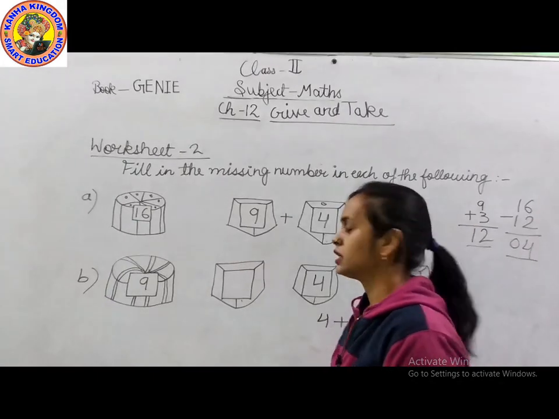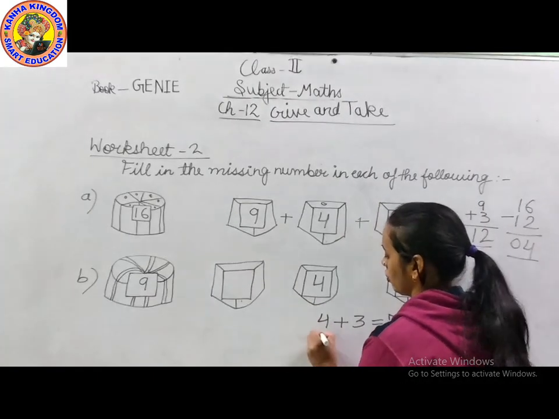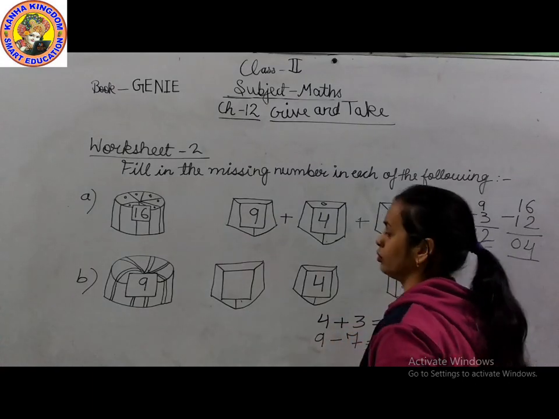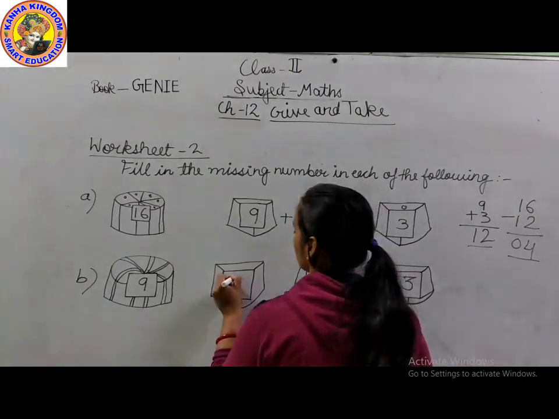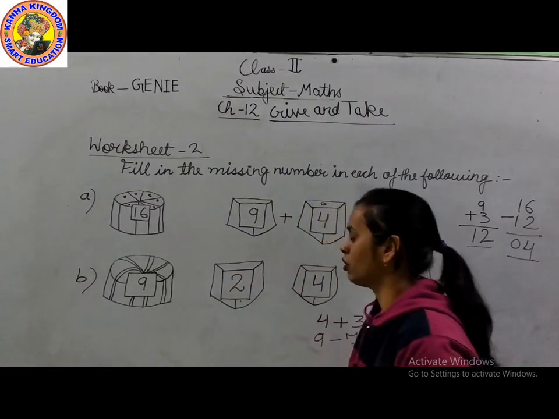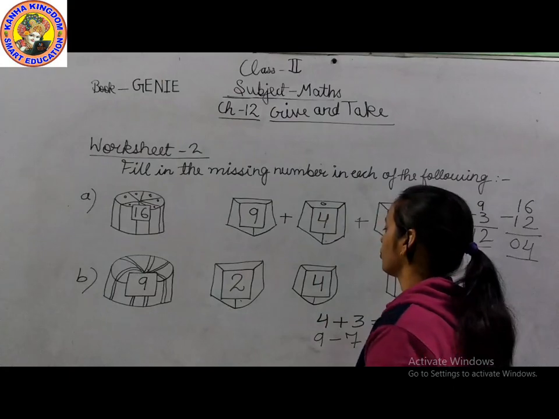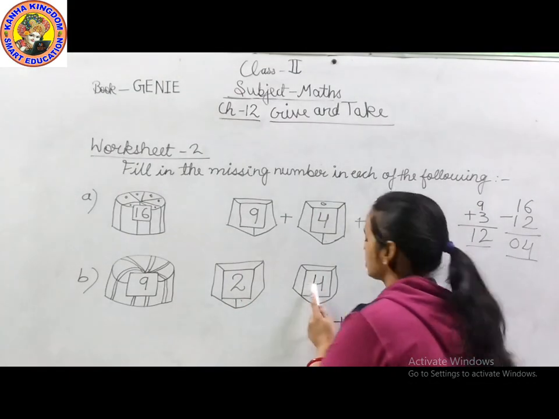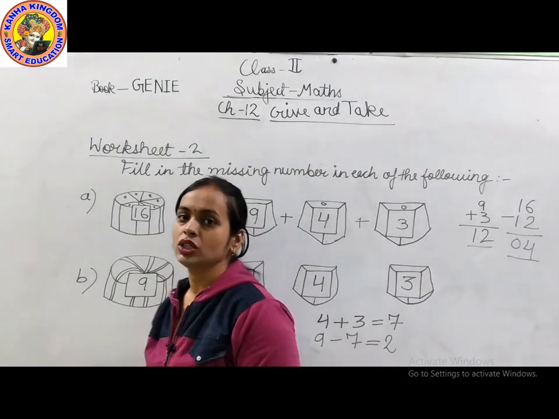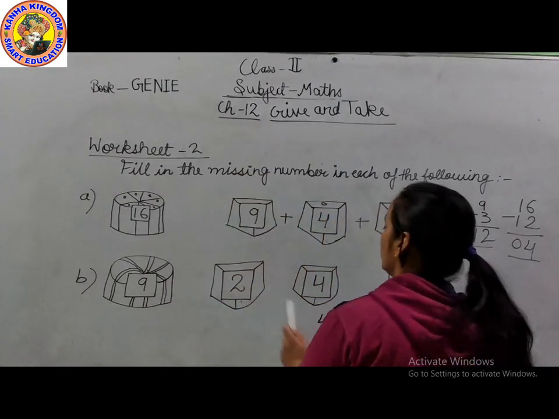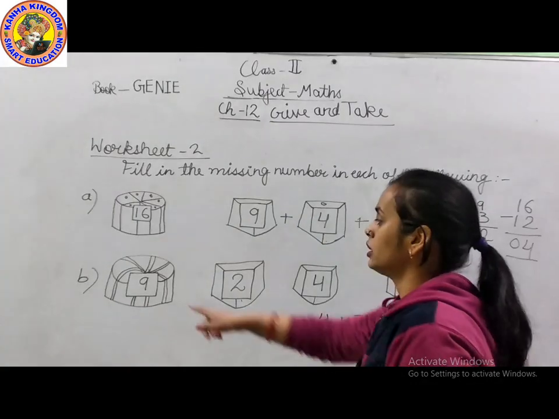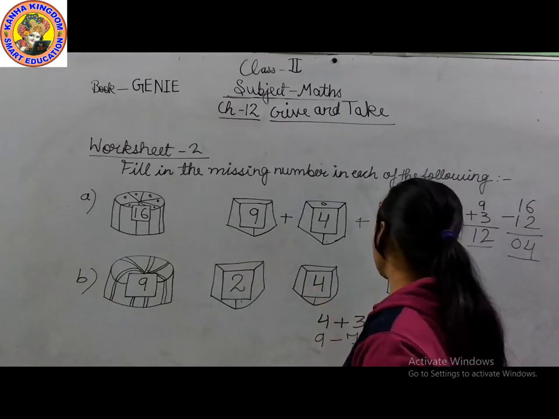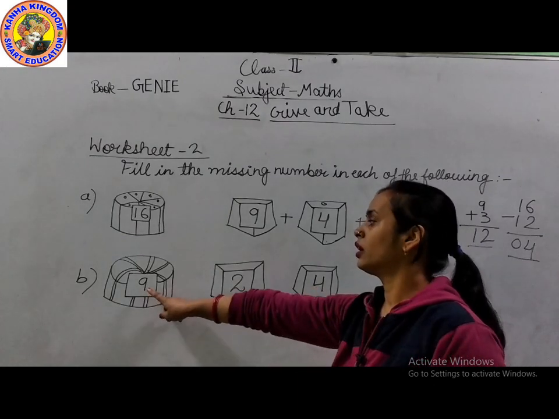Now 9 minus 7 equals to 2. Now let's check the addition. 2 plus 4, 6. 6 plus 3, 9. So we write here 2 to get number 9.